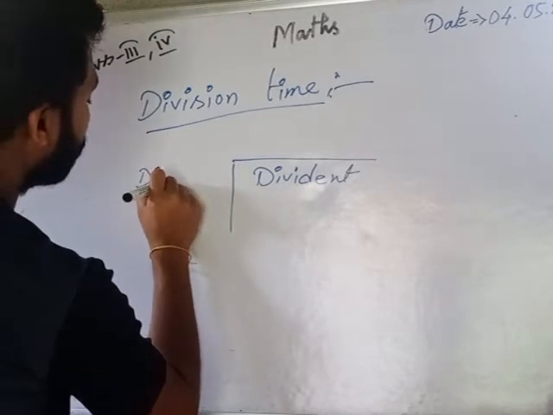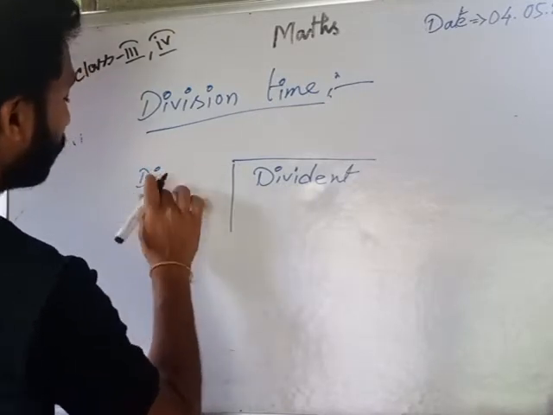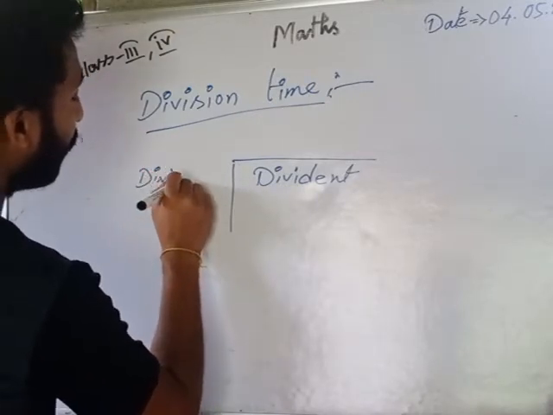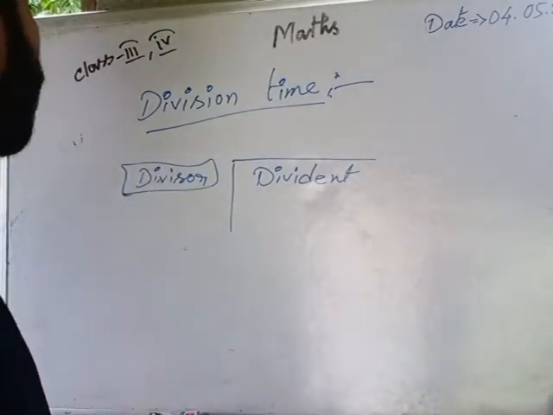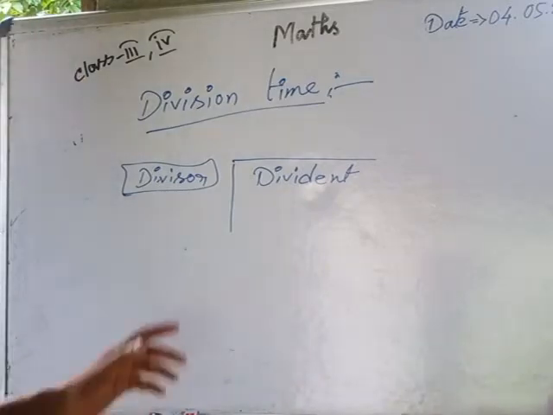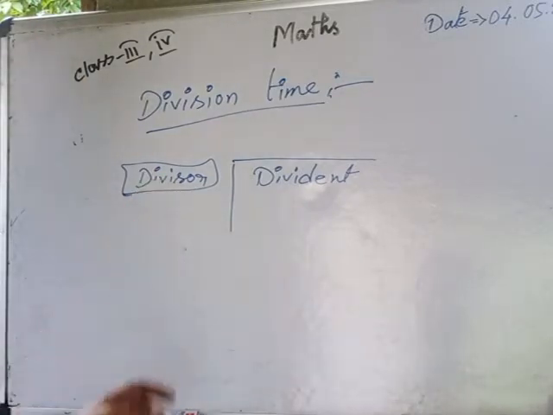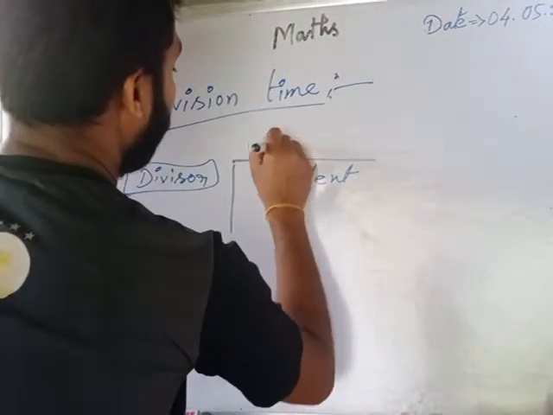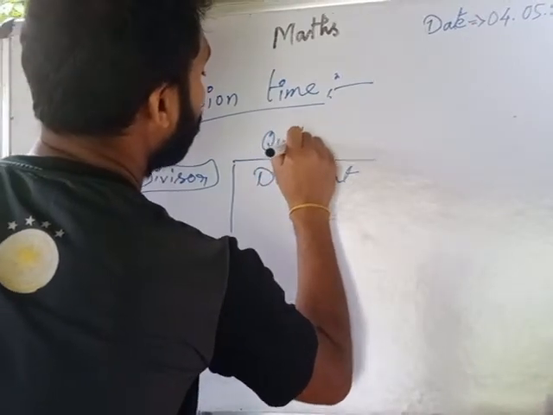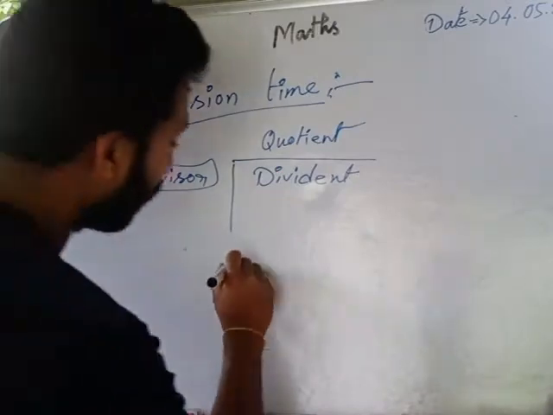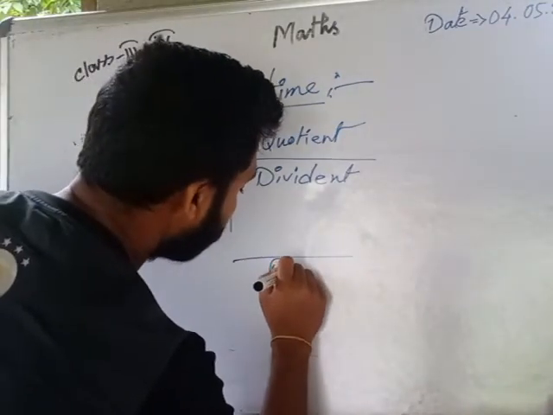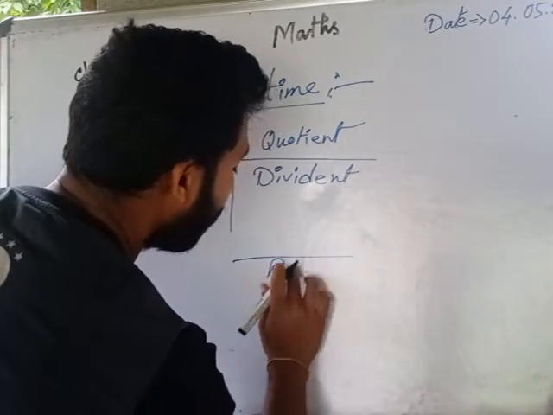Divisor, that means the number by which it gets divided, that is called the divisor. And quotient is the result of division, and remainder, that means left.